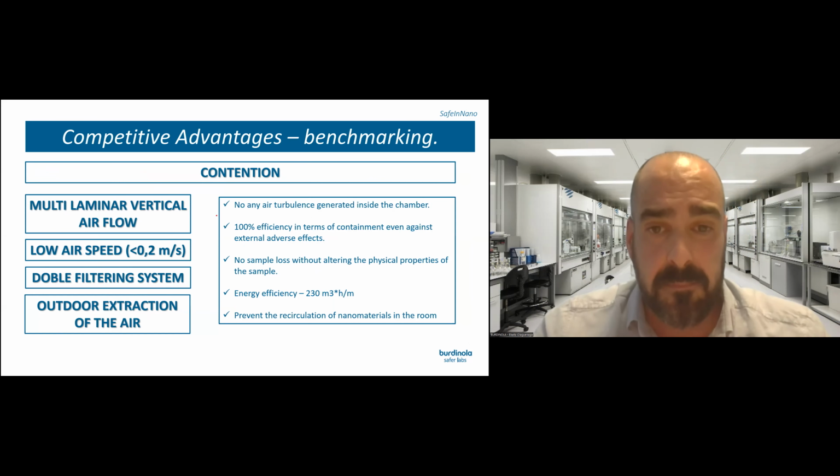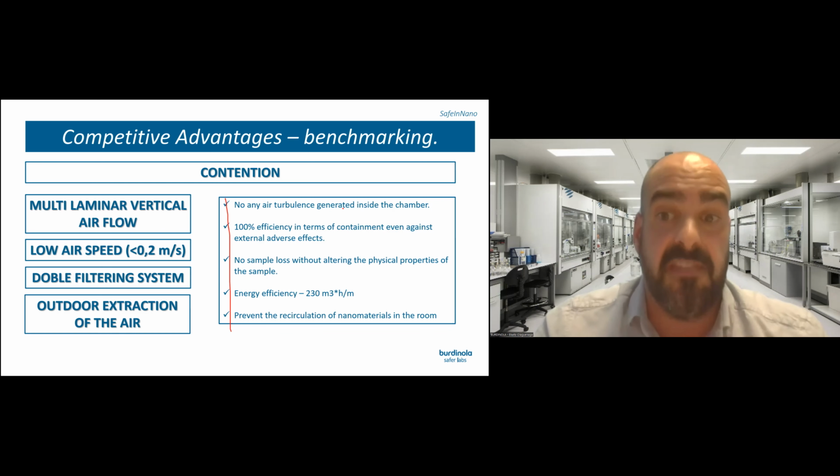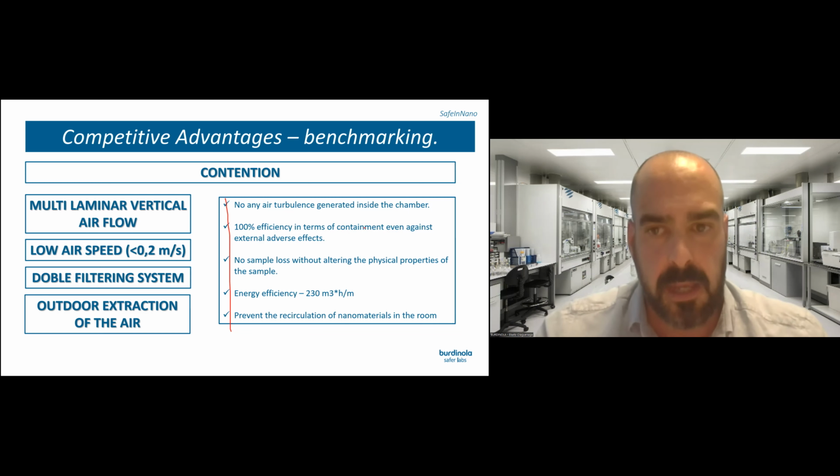In summary, with those features, we obtain this: no turbulences generated inside the chamber, so we avoid any containment break. We obtain 100% efficiency in terms of containment. I will show you later the tests that we have performed.